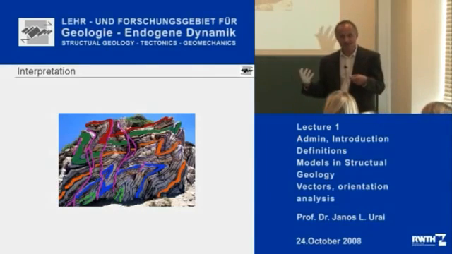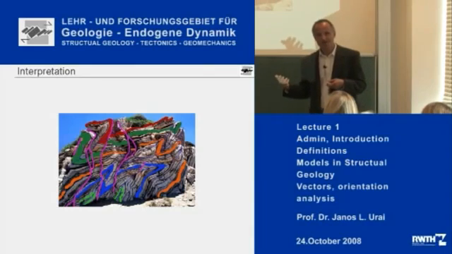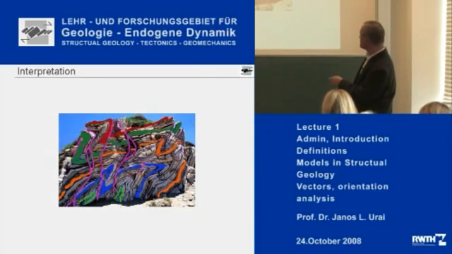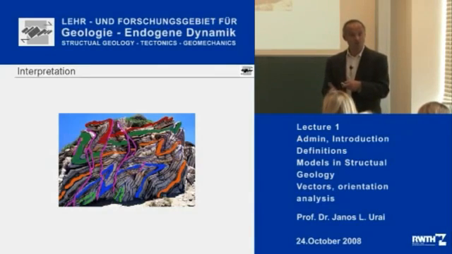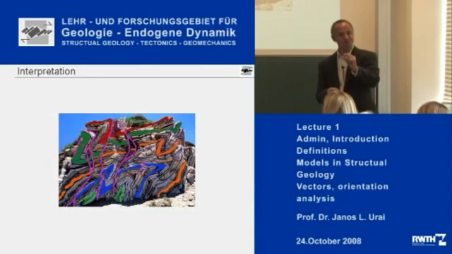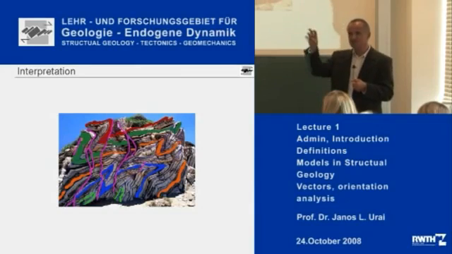And to create such a model, there is a continuous process of interpretation. For example, here I have this orange layer, which I called orange. It takes you quite a long time to make sure that the layer here is actually the same as there. You don't see that it is continuous. So you start counting layers, you start comparing the shape, and then you say, okay, I convinced myself this is my interpretation, it is the same.